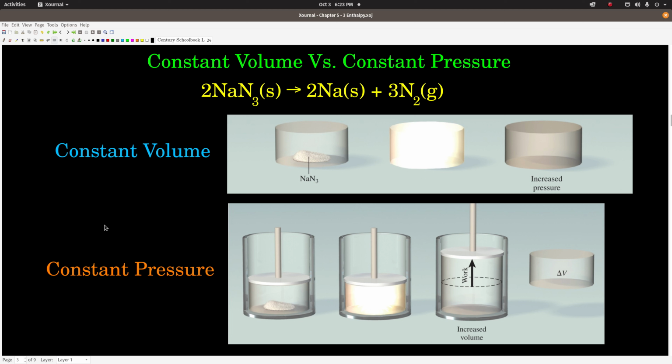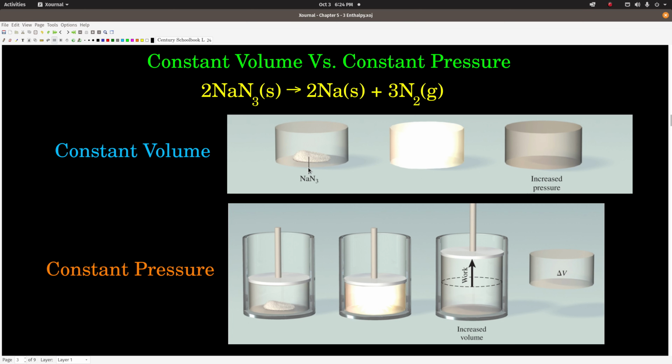Now, we're going to care whether or not a chemical reaction occurs at constant volume or constant pressure. And we can control, based on our experiment, which of these occurs. So let's look at the decomposition of sodium azide, what they use in automobile airbags to inflate them really quickly.